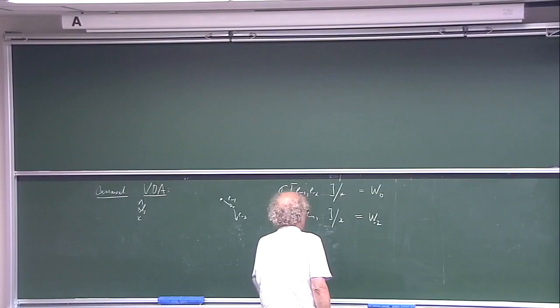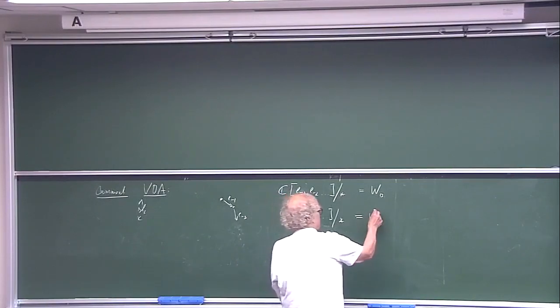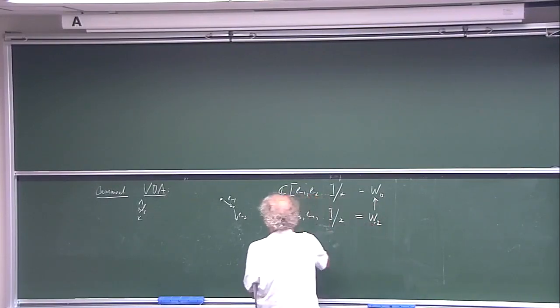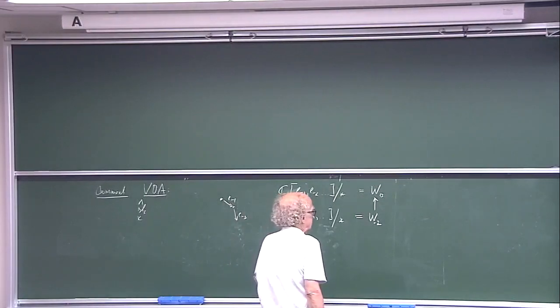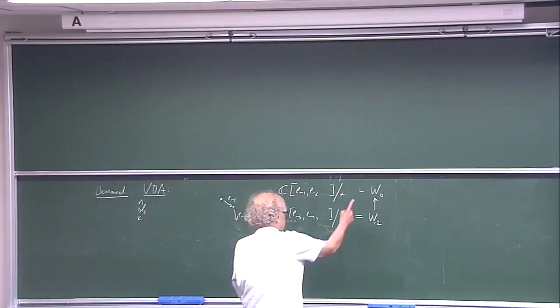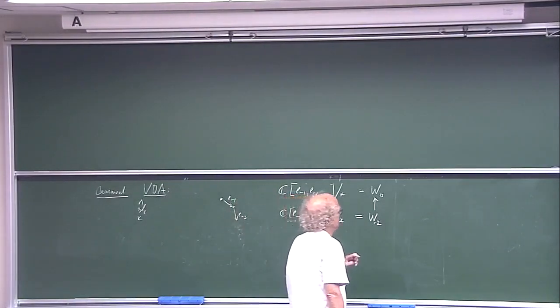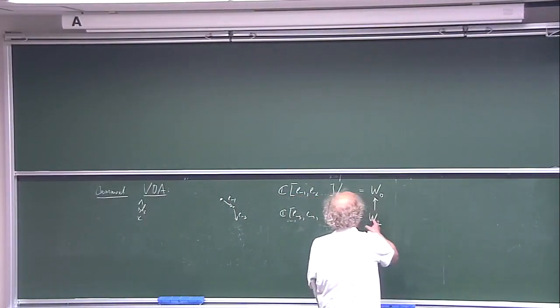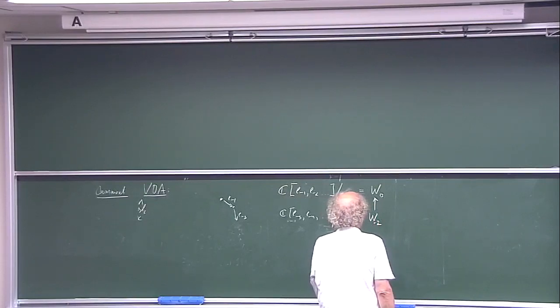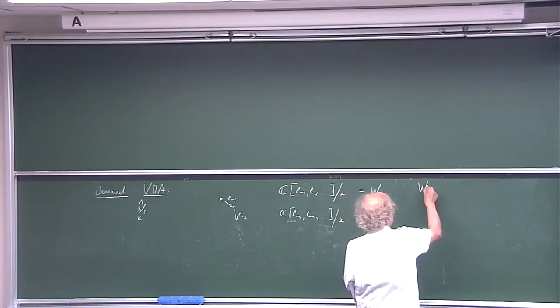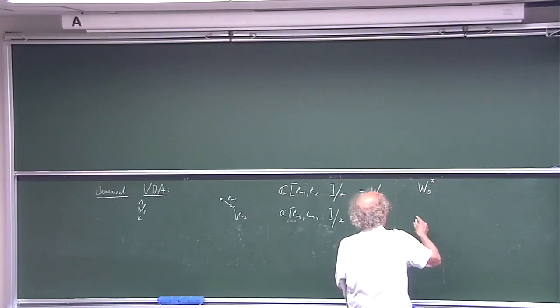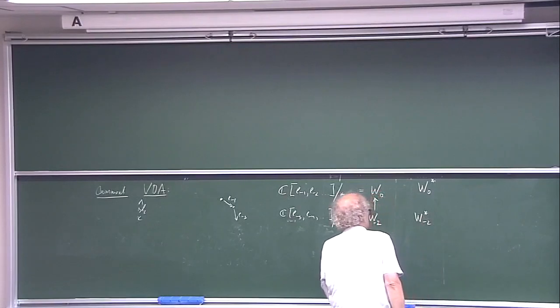Because of this construction, we have such a map where 1 is going to this vector, and I claim, and even ask people to try to prove it, that this is an embedding. And now if you go to a dual space, then we have W0 star, and it is going to W minus 2 star.